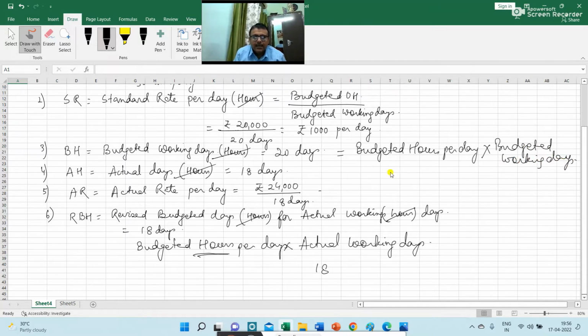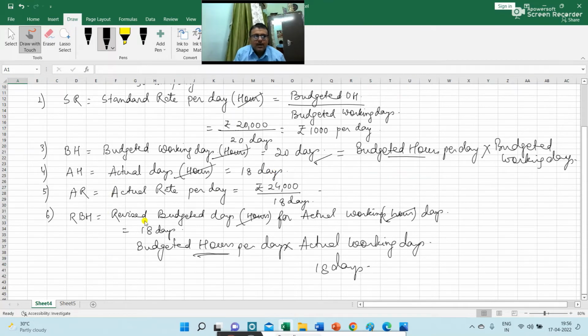So in budgeted hours and revised budgeted hours, these two factors are constant. That is the reason the budgeted working days is 20, and the revised budgeted hour will be 18, that is 18 days. And the actual working days is also 18.